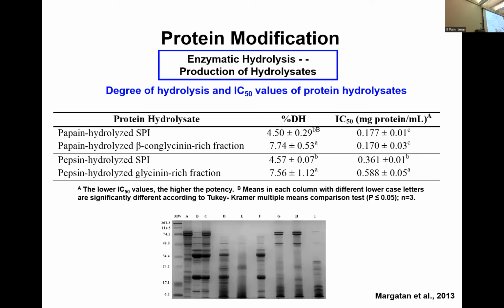Okay, so when we hydrolyze with papain and we hydrolyze beta-conglycinin, we have higher potency than when we hydrolyze glycinin. Perfect, this is what the research has found. But what was interesting is that we found similar potency without the need to fractionate. So we used papain and we found that we don't really need to go through all the fractionation process if we do targeted hydrolysis within the non-fractionated isolate.